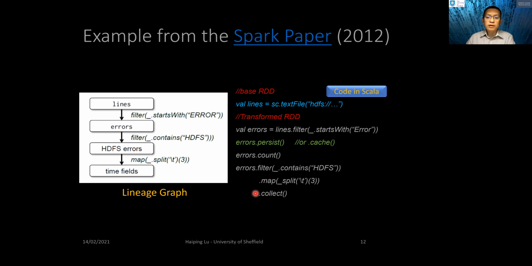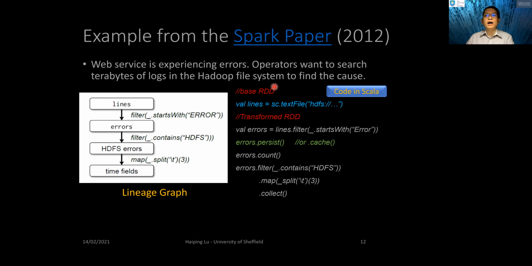In this example, the scenario is that a web service is experiencing some errors, and the operators want to search terabytes of logs in the Hadoop file system to find the cause of such errors. For example, this looks for the errors, and then for the HDFS type errors.